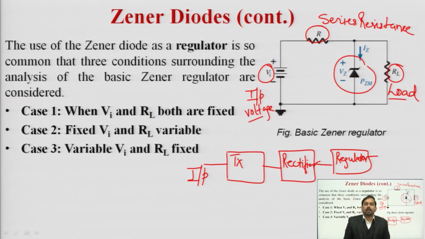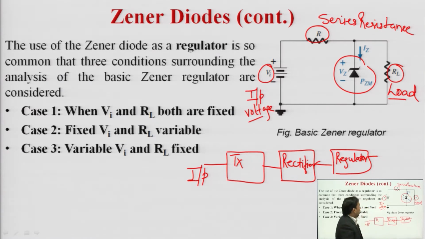We can attach a variable load at the output and we need to check whether this regulator circuit is providing a constant voltage or not. If the regulator is not providing a constant voltage, then our appliance will not work properly. The third case is where the input is variable, meaning the supply applied to the regulator circuit is not providing a constant voltage.